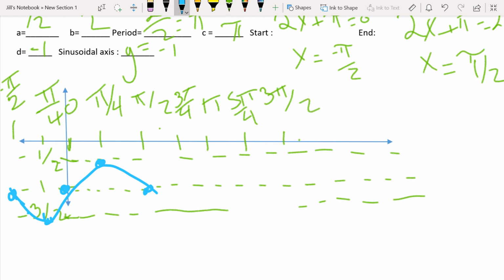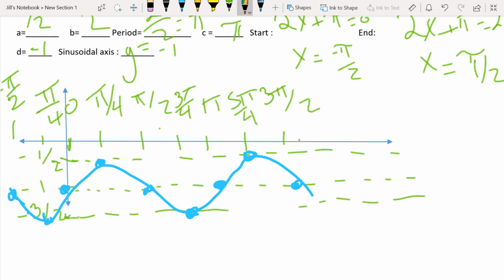Okay. So then we complete another sine wave. So it would go high, it would go low, middle, high, mid. Okay, now I draw my asymptotes.